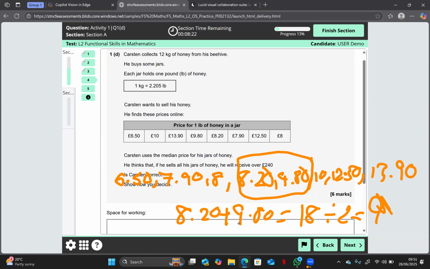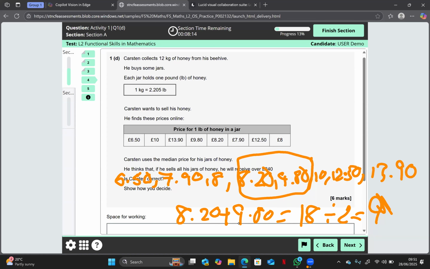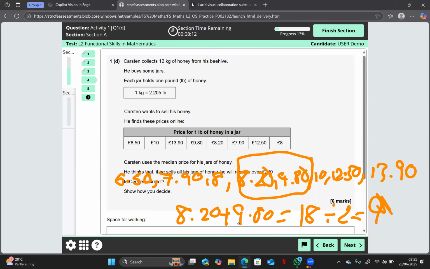If he's got 12 kg, we need to convert it into pounds. 12 times 2.205.